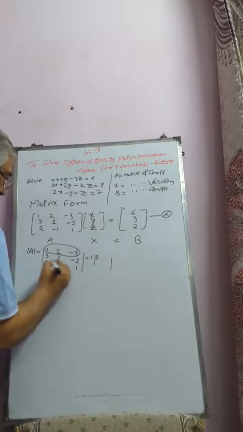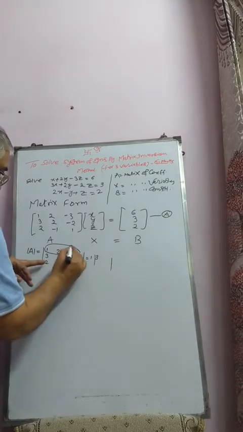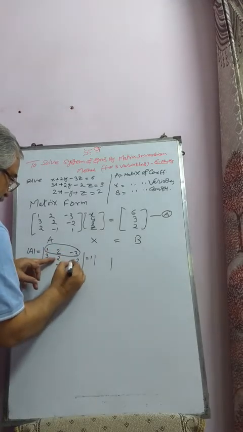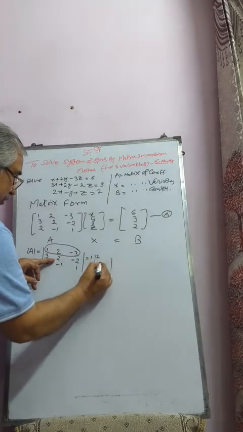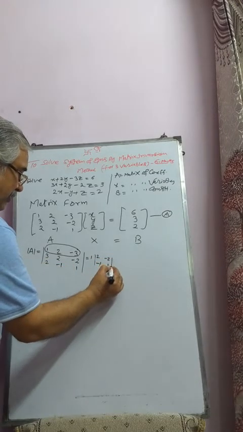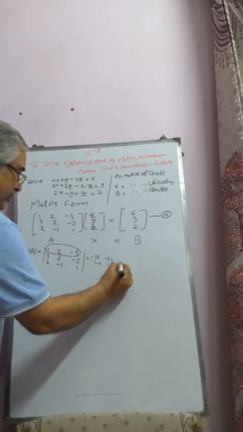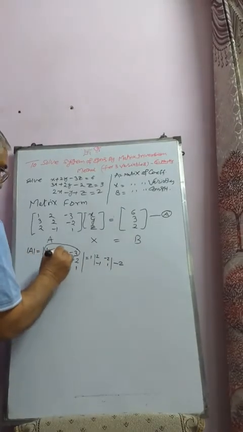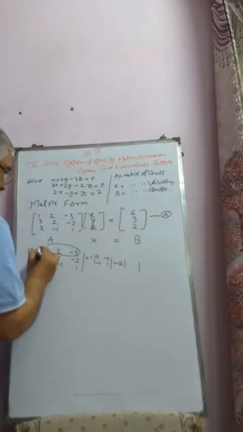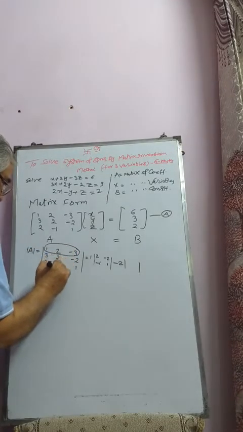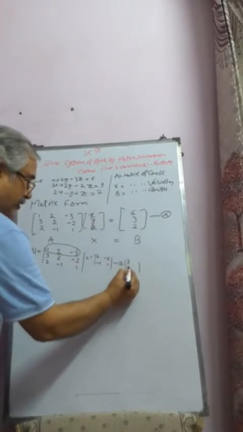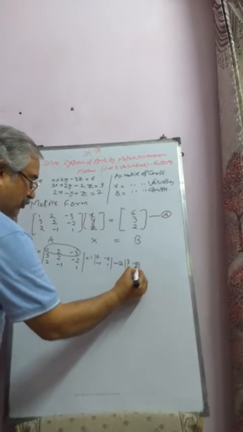Minus 3, 2, minus 2, 1, after deleting this row and column.